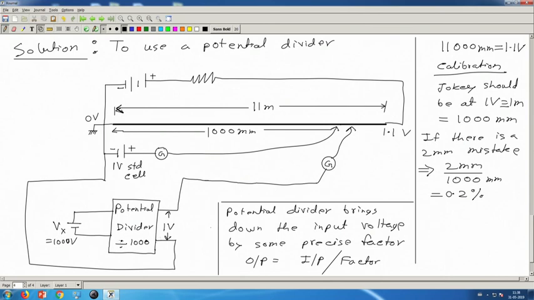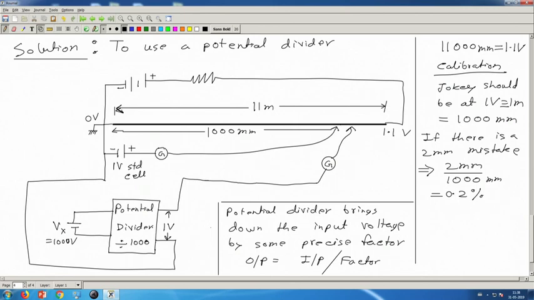Then of course, there will be some error due to that, which we have not considered in this example. So, this may also have some error which can increase this estimated error. Okay. So, that we have not discussed. We have assumed this potential divider to be ideal. Okay.